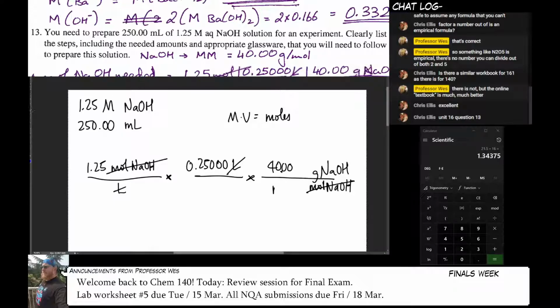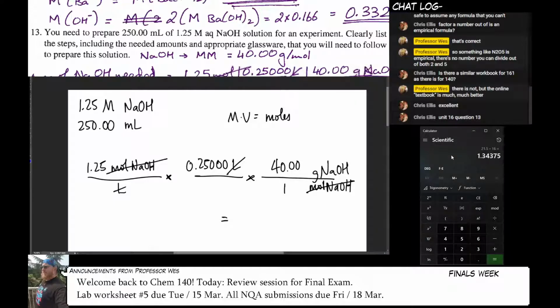That was sloppy. Hold on. There we go. We know the molar mass of sodium hydroxide is 40 grams per mole because it says that right there. And so we get our calculator out.